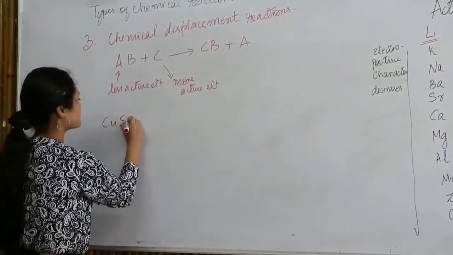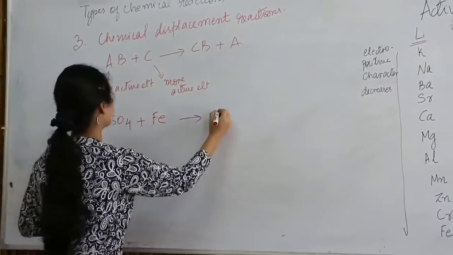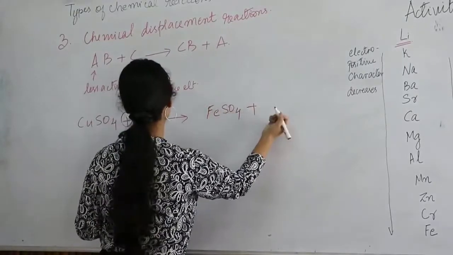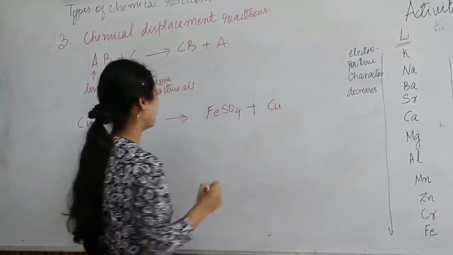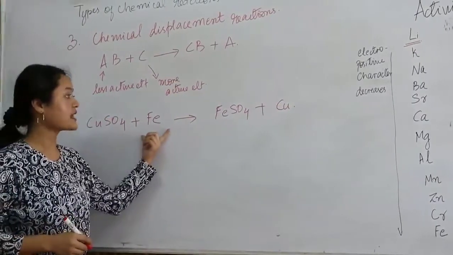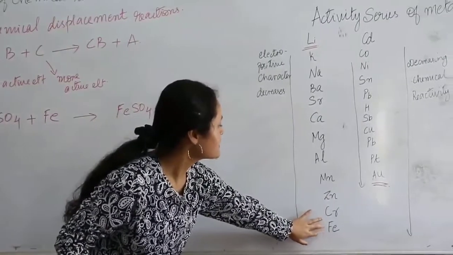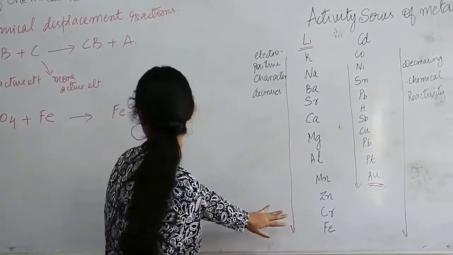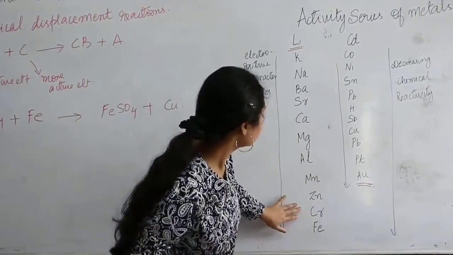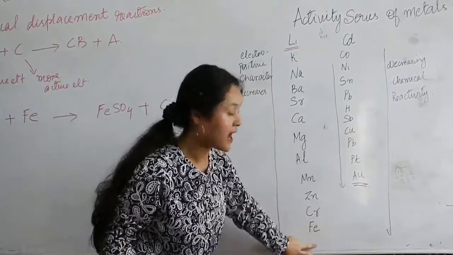Copper sulfate. In a copper sulfate solution, if you add iron, since iron is more active than copper, see, copper is below iron.